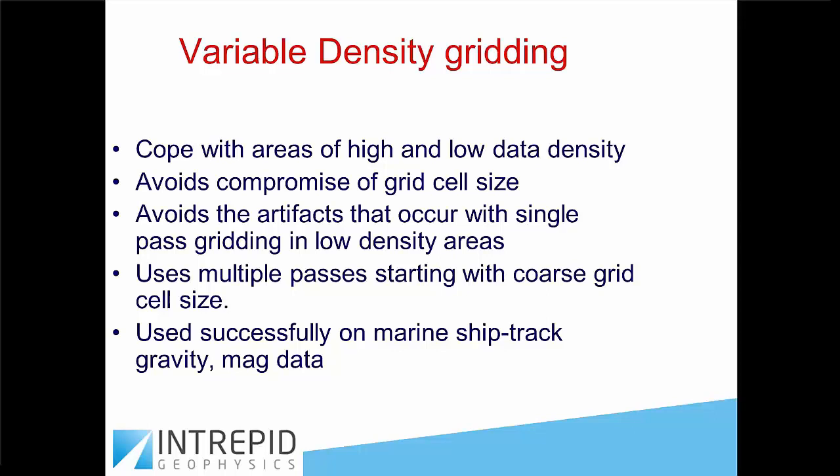So we use multiple passes starting with a coarse grid, and this has been used successfully not only on terrestrial gravity data, but also where there are areas of high aliasing such as marine ship track gravity and mag data.